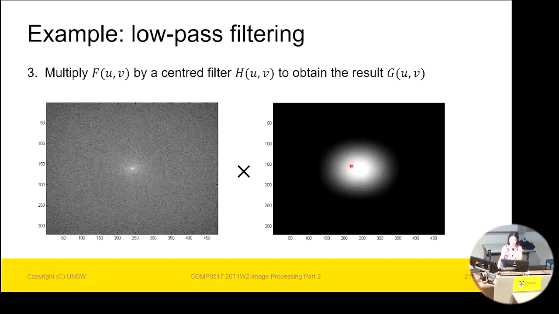So this region is a low frequency part because in the middle is 0, 0. That's the lowest frequency you can get, a constant frequency. And then further and further you get higher frequency. So this one means it's a low pass filter. We're only passing through the low frequencies.